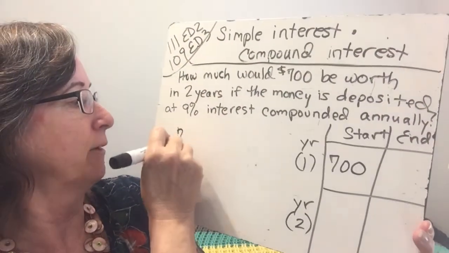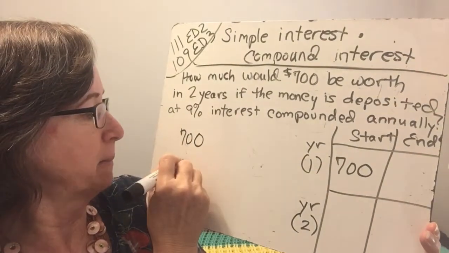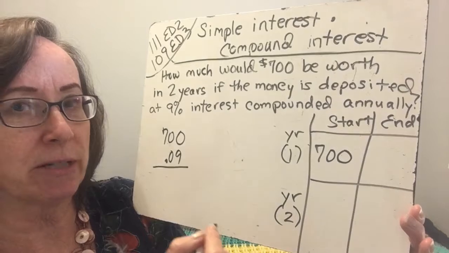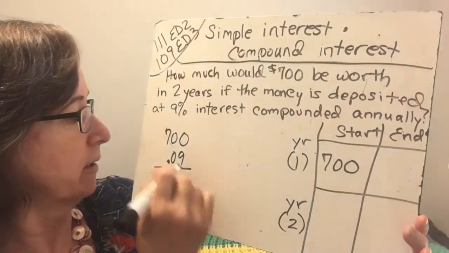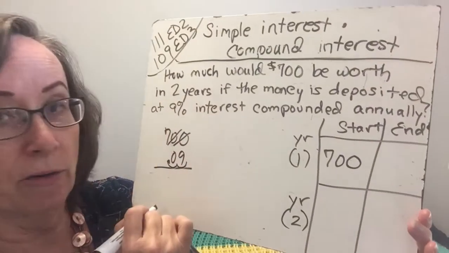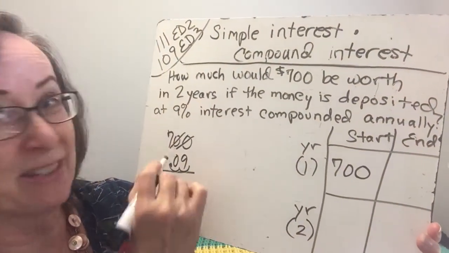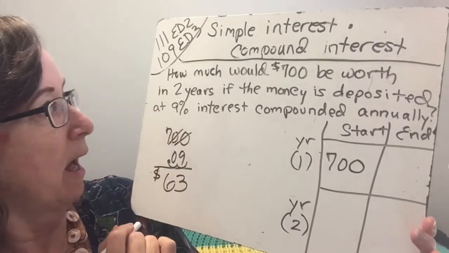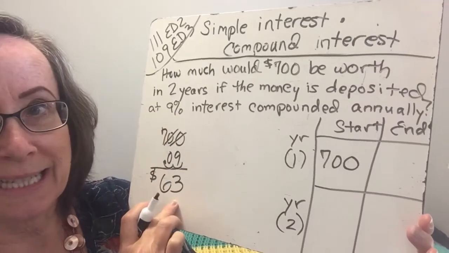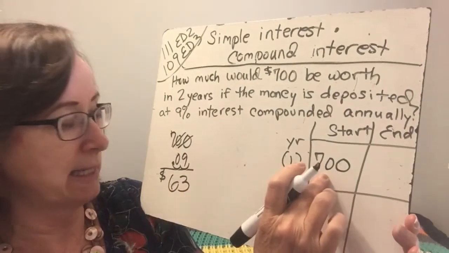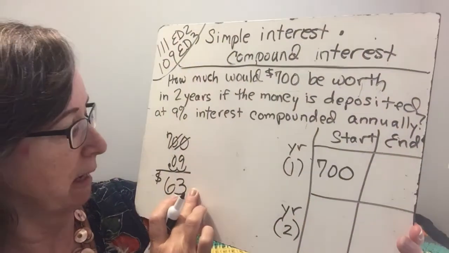So 700 times 0.09 is going to be the amount of interest earned in the first year. So these two zeros will move the decimal over 2 places. So 7 times 9 is 63. So this is earning $63 in 1 year because we deposited 700 and took 9%.